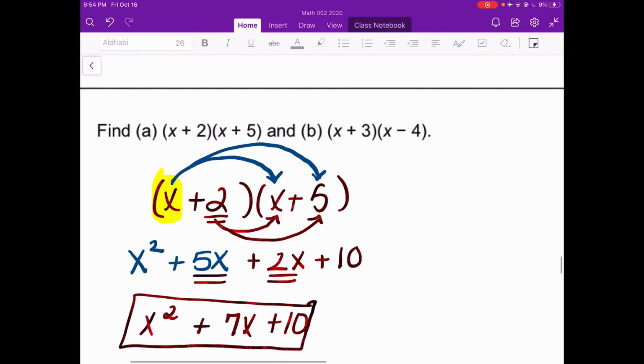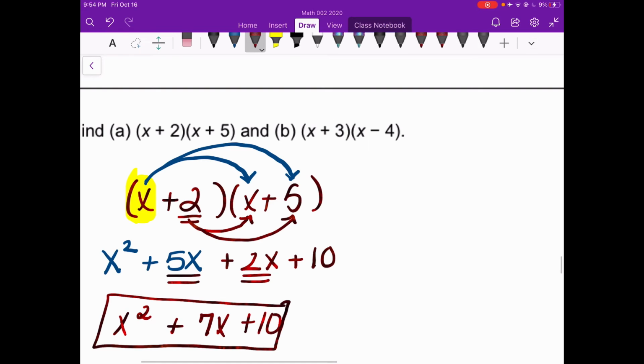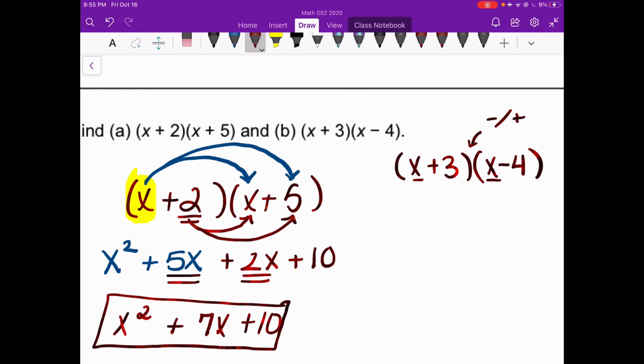Let's do that method one more time. Pause if you need a review. We have x plus 3 multiplied by x minus 4. Careful not to start adding these. There's no addition or subtraction symbol in between. So again, we FOIL or multiply. X times x is x squared.